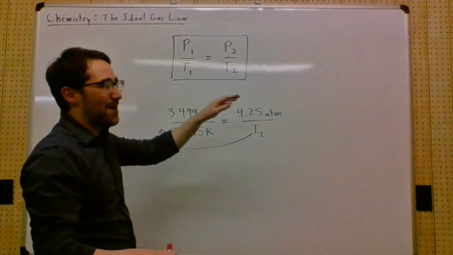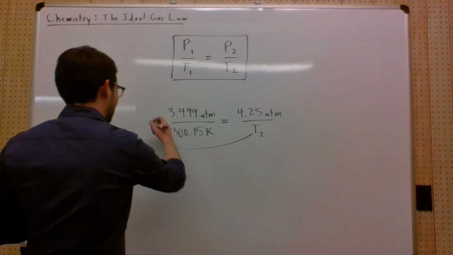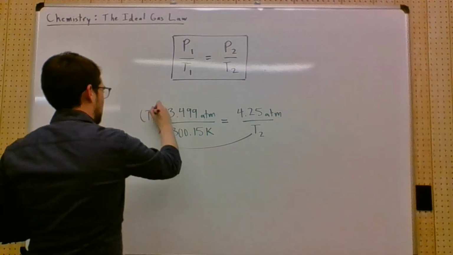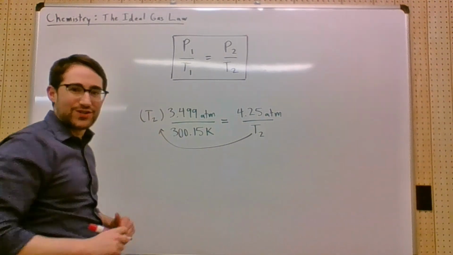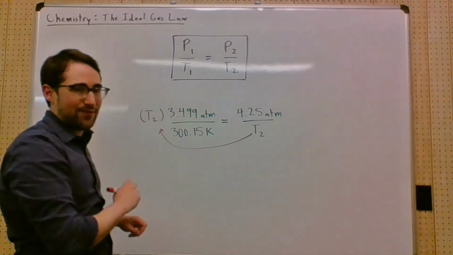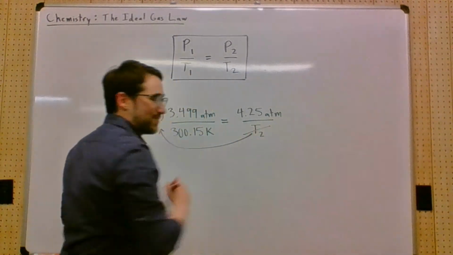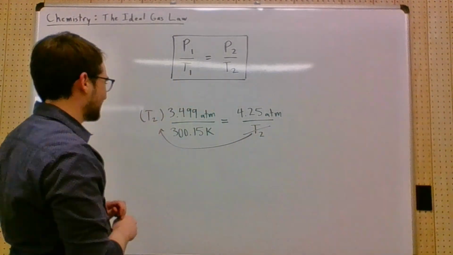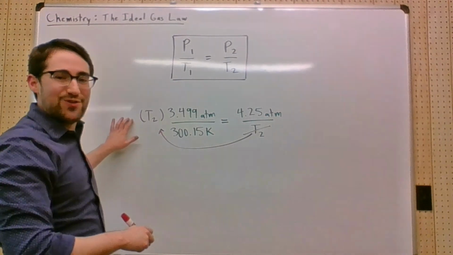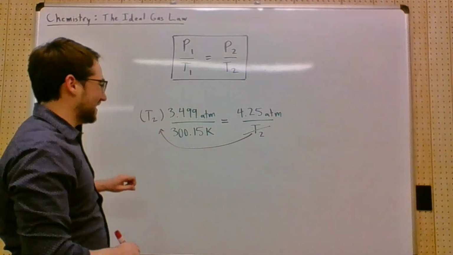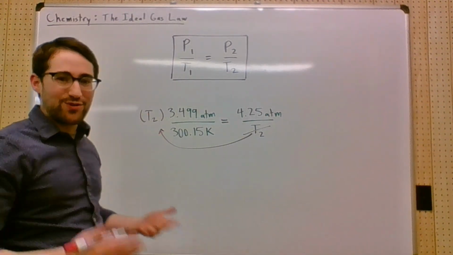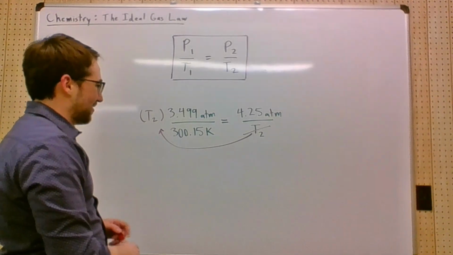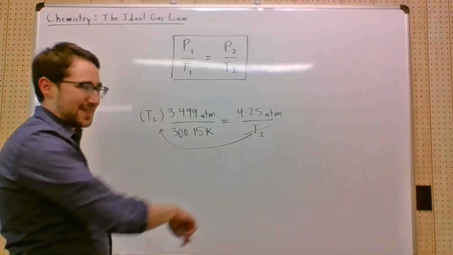If it was on the top, it now goes down to the bottom. So my T2 has been multiplied to the top over here, which means it goes away over on the right. Okay. Now my T2 is in the place where I want it, but it's got all this stuff around it, which I don't want. Okay.